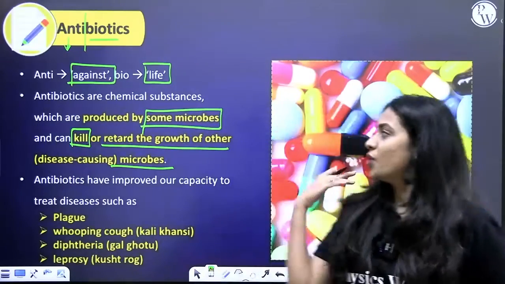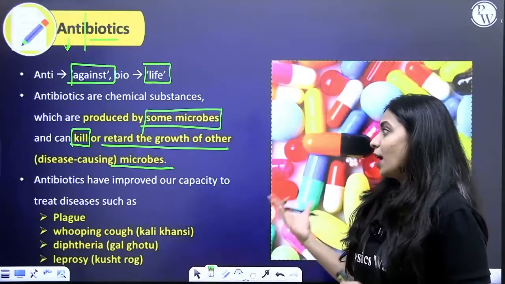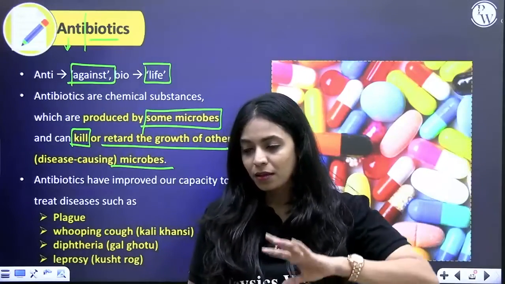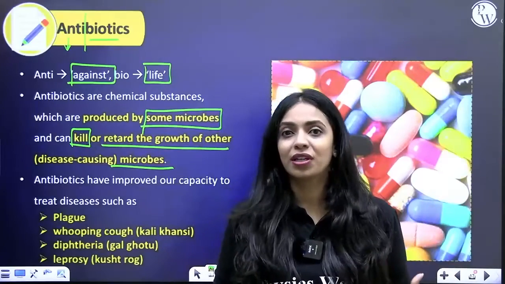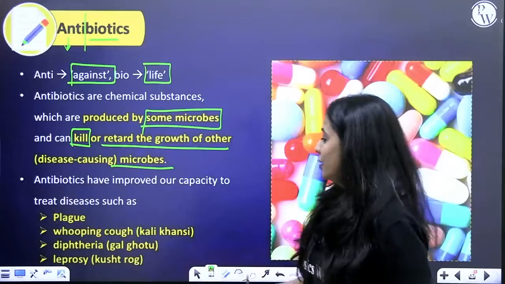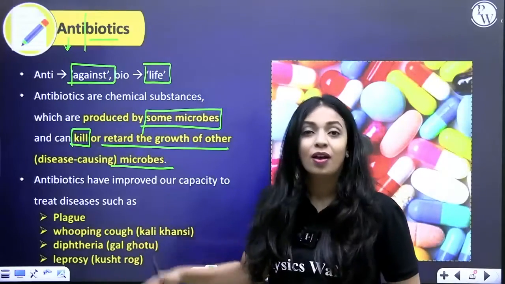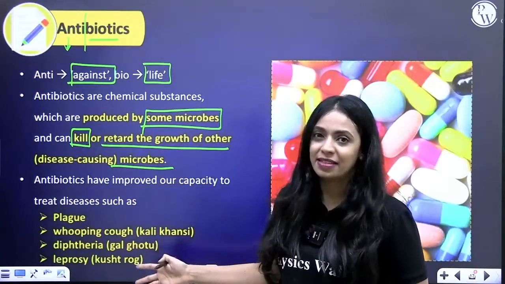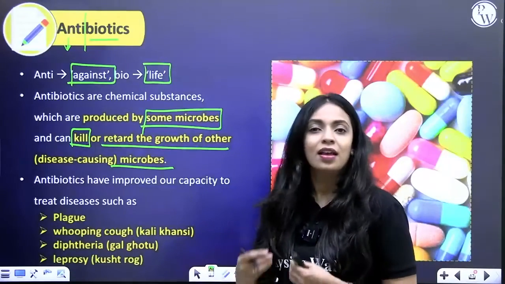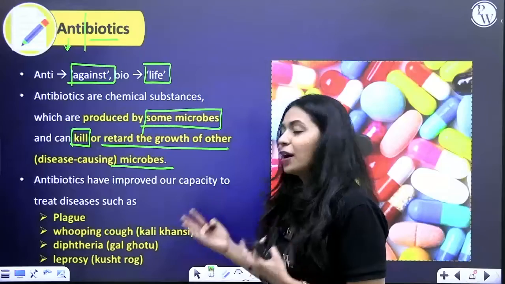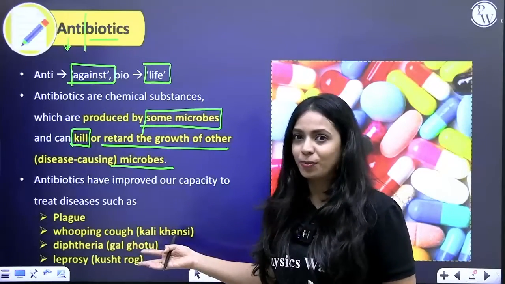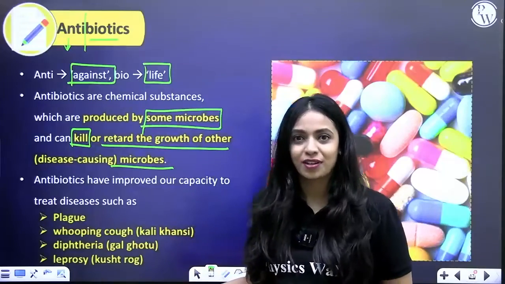I'm sure you've heard about certain diseases in the past which took the lives of thousands and thousands of people, such as plague, whooping cough, diphtheria, leprosy. All of these are bacterial diseases. Because of the discovery of antibiotics, it has become very easy to treat these diseases which were initially considered non-curable. So we must thank microbes for it, right?